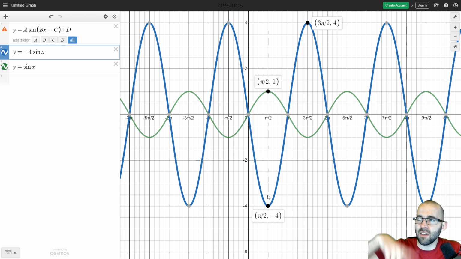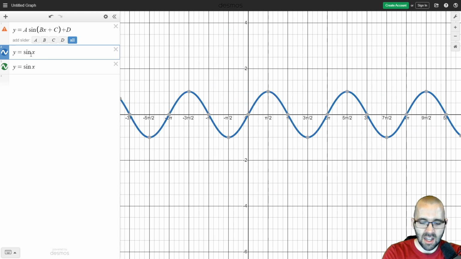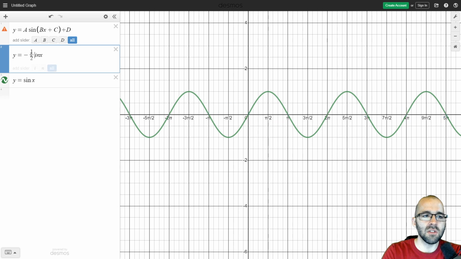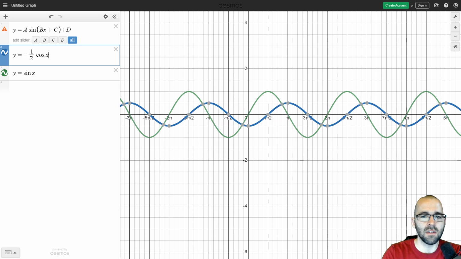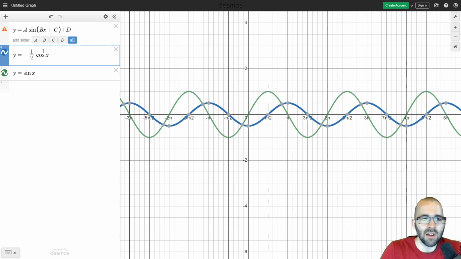It is 4 times as tall, which is exactly what we said. In part B, we said if we have -1/2 cosine of x, and I'm not even going to change this from a sine to a cosine because they're essentially the same graph, just shifted around a little bit. Now the blue graph is half as big. Instead of peaking at 1, it peaks at 1/2. And similarly, we could look at h of x and we can see the same thing.